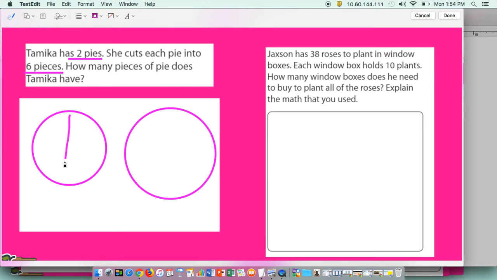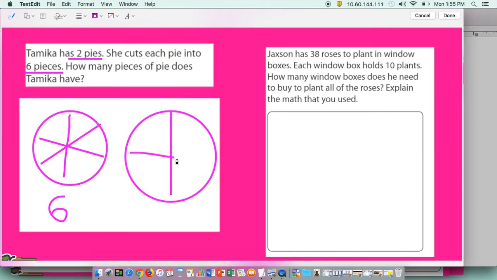So how I can do that is I'm going to slice it in half. That makes 2 pieces. Slice it again. That makes 1, 2, 3, 4 pieces. Let me slice it again. 1, 2, 3, 4, 5, 6. I have 6 pieces here. So I'm going to slice this one too. Now there's 6: 1, 2, 3, 4, 5, 6.